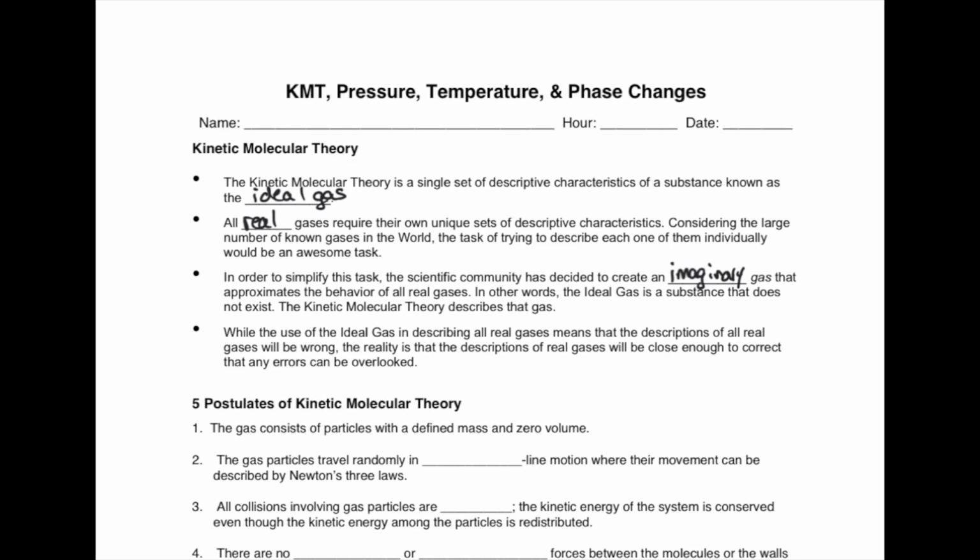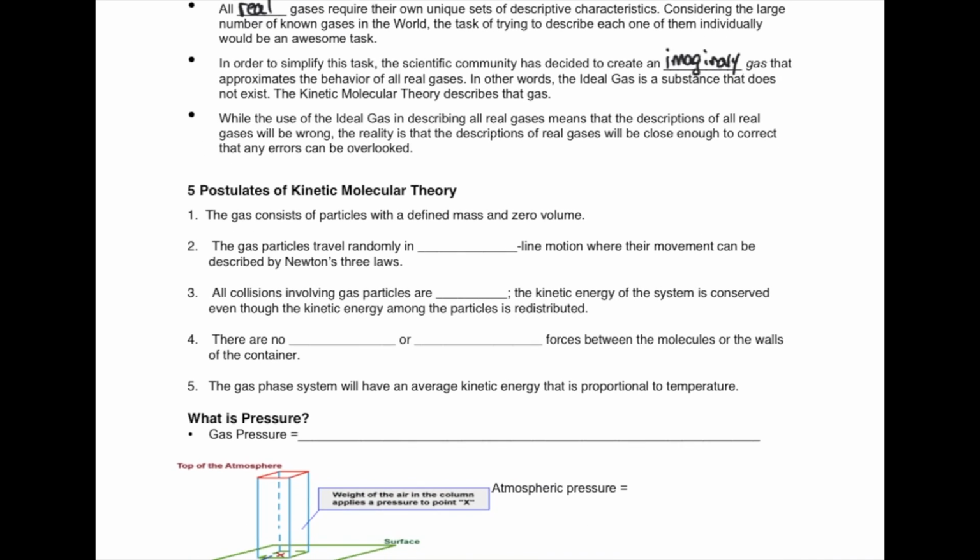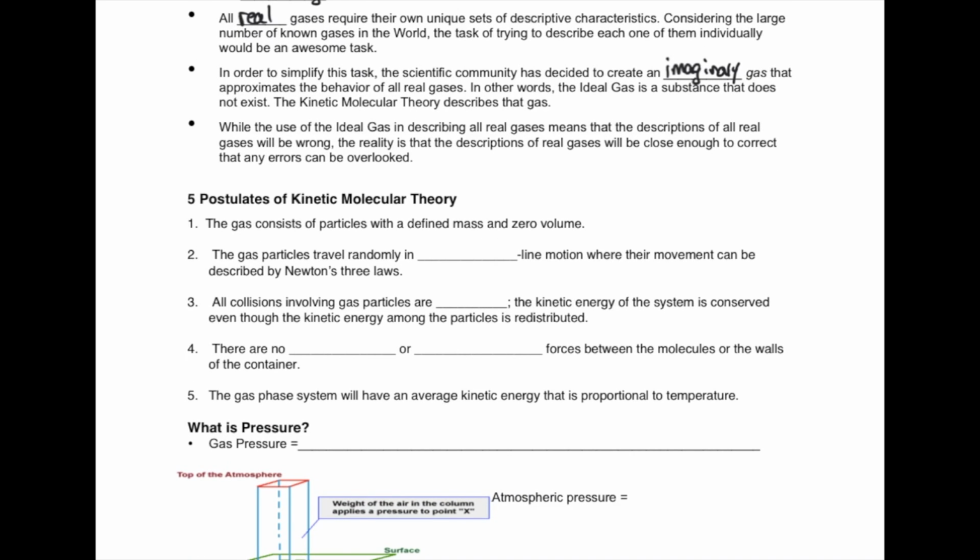So in other words, the ideal gas is a substance that does not exist, right? And the kinetic molecular theory describes that particular gas. So while the use of the ideal gas in describing all real gases means that these descriptions of all real gases will be wrong, the reality is that the descriptions of real gases will be close enough to correct any errors, okay? So here are the 5 postulates or assumptions that we make when we are talking about gases.